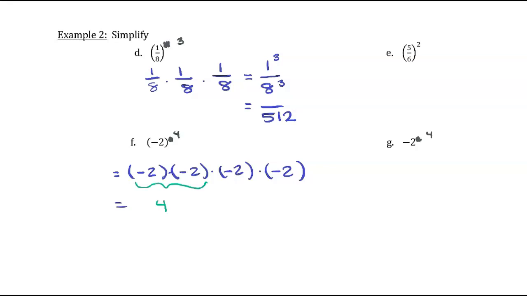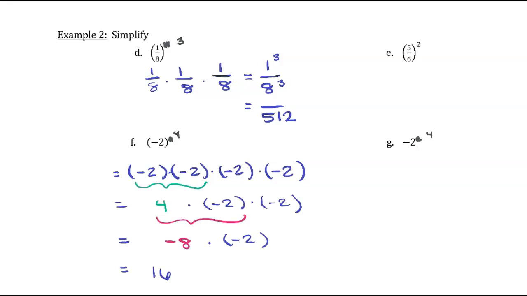So I now have positive 4 times negative 2 times negative 2. Well, positive 4 times negative 2 is negative 8. So now we have negative 8 times our last negative 2. Negative 8 times negative 2, 2 negatives make a positive, and I have positive 16.